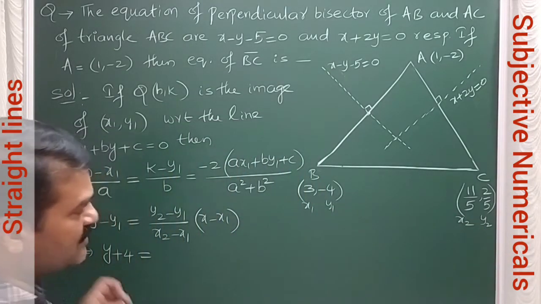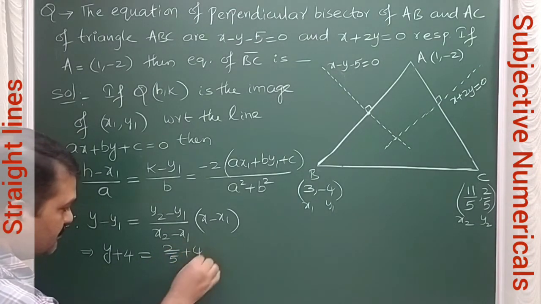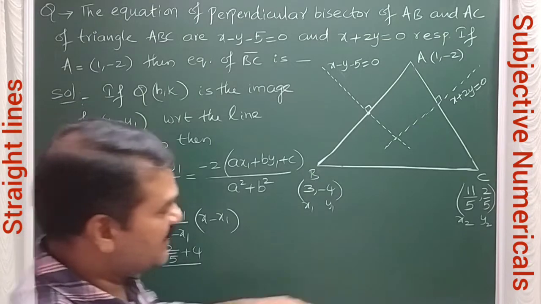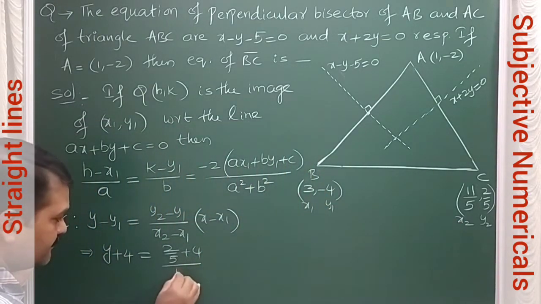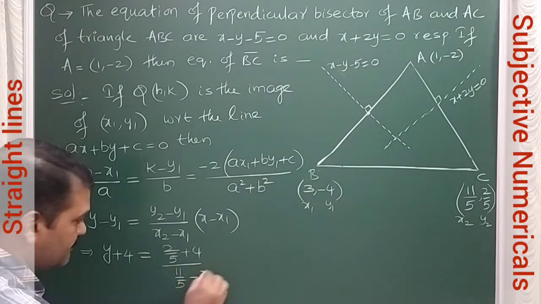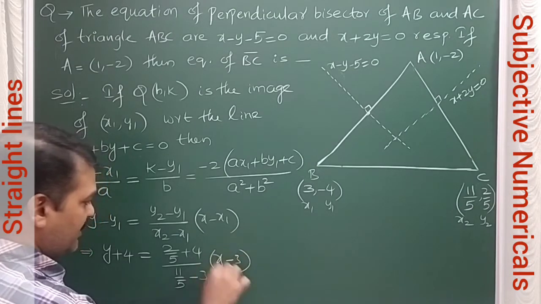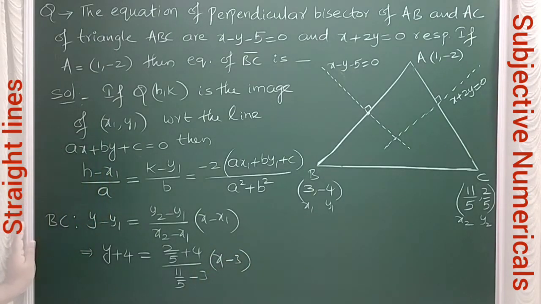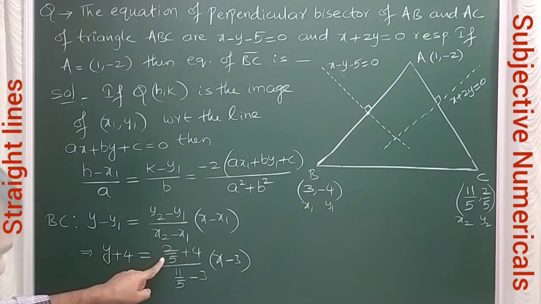minus y1, meaning 2 by 5 plus 4, by x2 minus x1, 11 by 5 minus 3, into x minus x1, that means x minus 3. When we simplify this, it is actually 22 by 5 by minus 4 by 5.